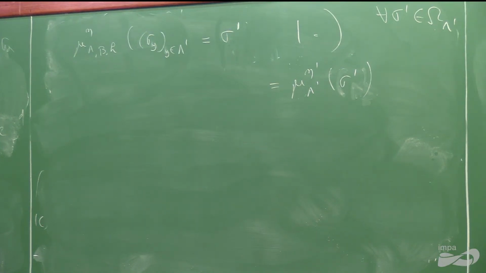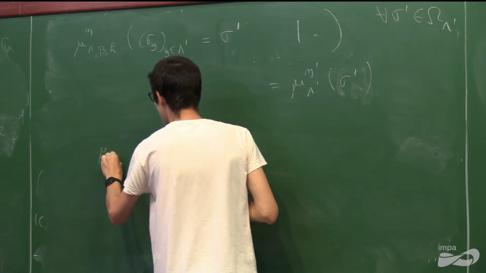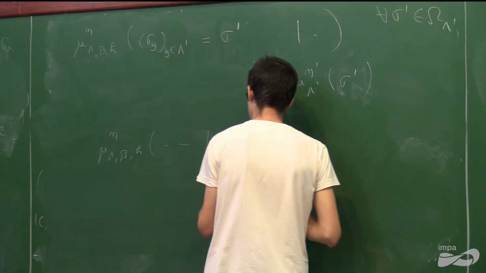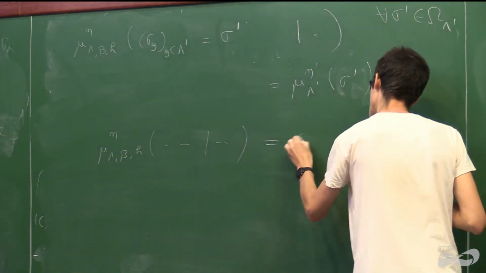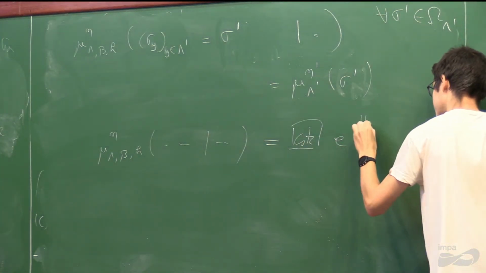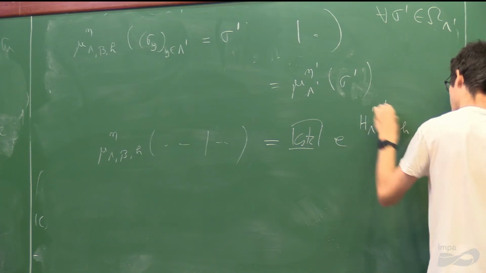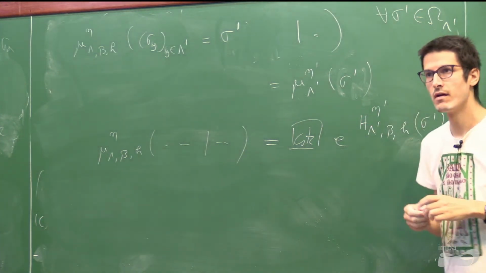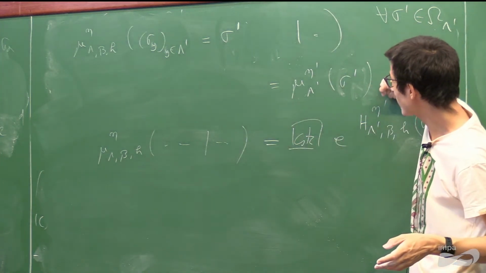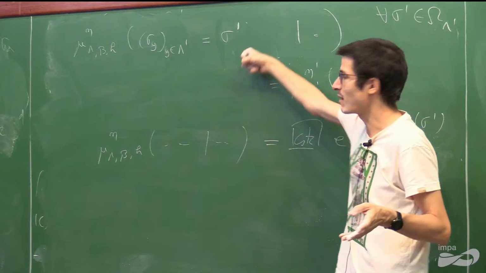To show this, it will be sufficient to show that mu lambda beta h eta of the condition is equal to a constant times exponential h lambda prime beta h eta prime of sigma prime. If I show this, then I necessarily have the equality, because this constant has to be the right one: I know this is a probability, so if I sum over sigma prime, I get 1.